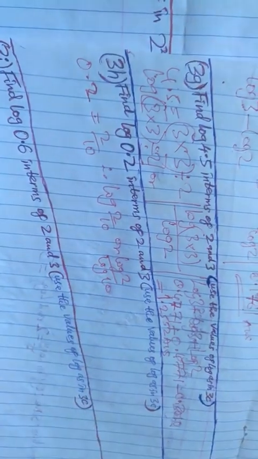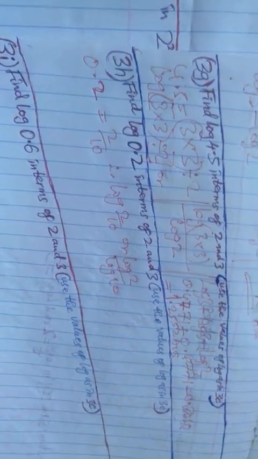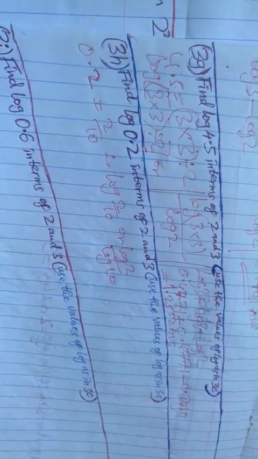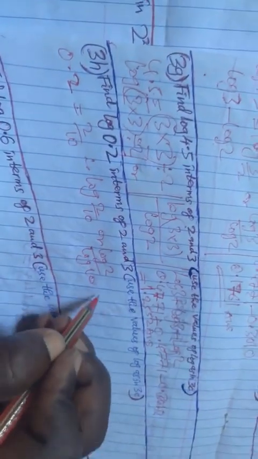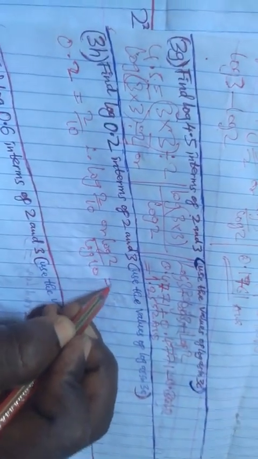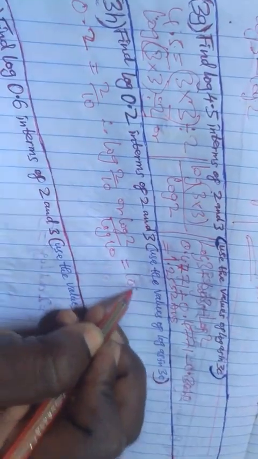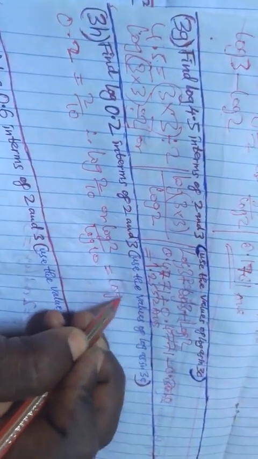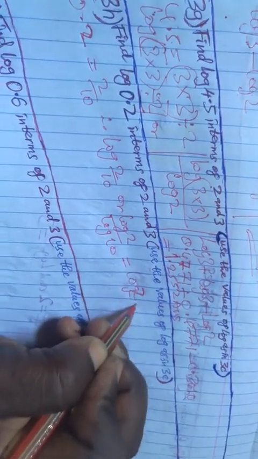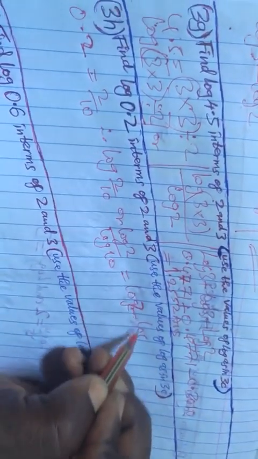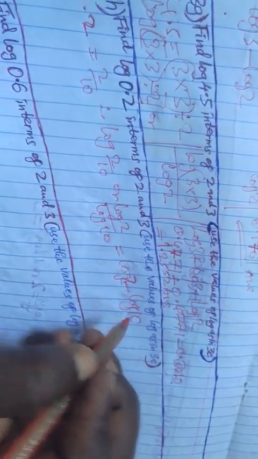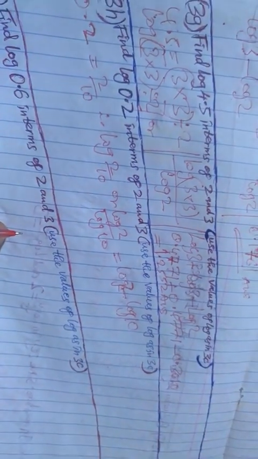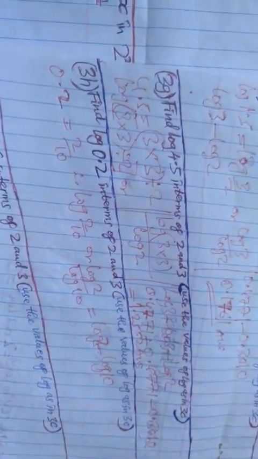But we know that addition goes with multiplication and division goes with subtraction. Hence, this will be equal to log of 2 minus log of 10.